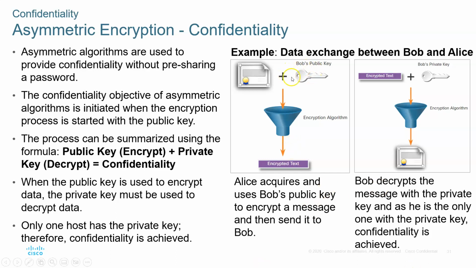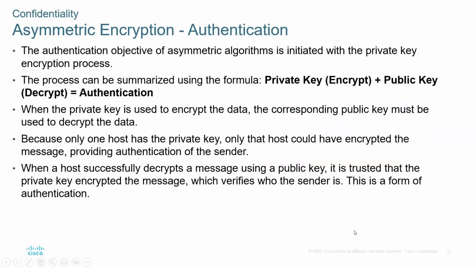Bob will use the private key to encrypt the data, you send it out to Alice, and Alice will receive the data and decrypt it with her private key. That's how it really works when you are actually doing things on the internet.